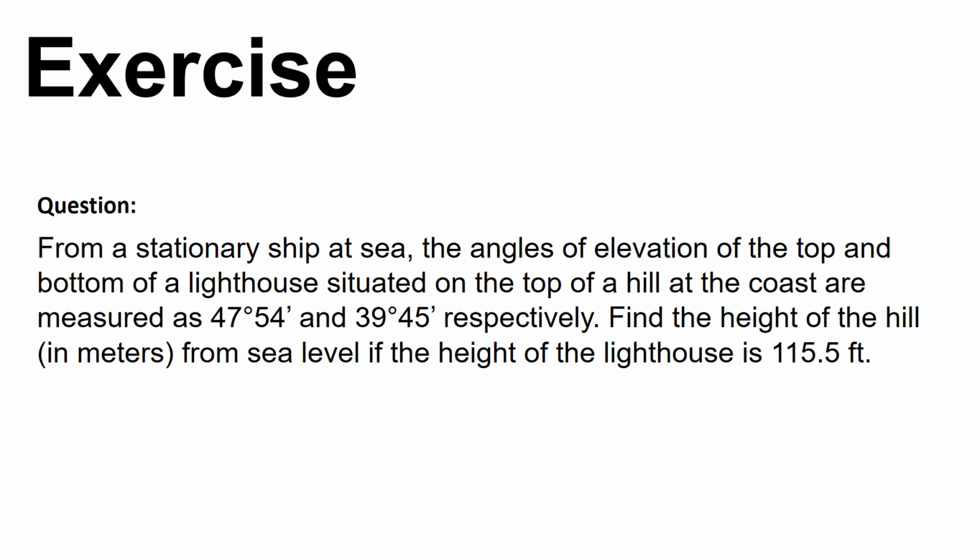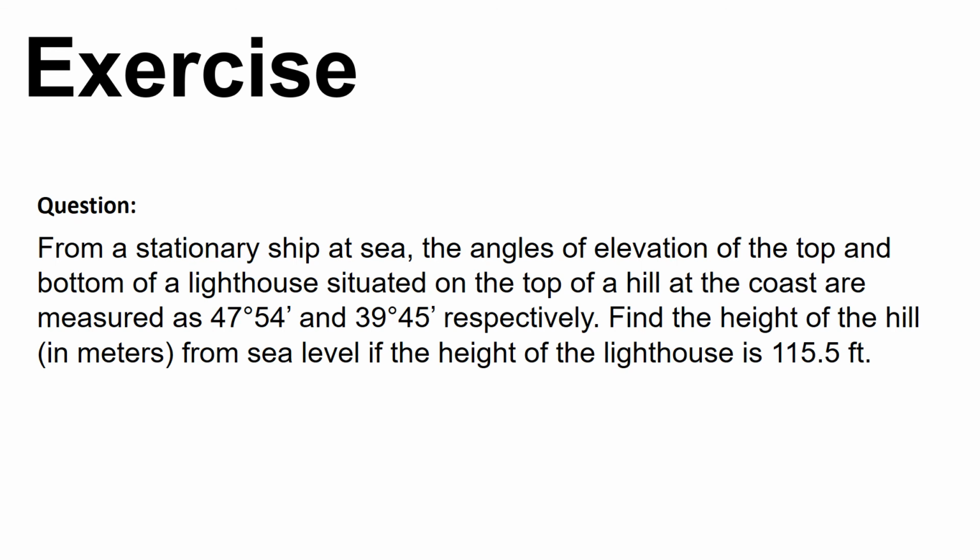For your exercise, try answering this problem on your own so you can apply what you have learned so far. The question is, from a stationary ship at sea, the angles of elevation of the top and bottom of a lighthouse situated on the top of a hill at the coast are measured as 47 degrees 54 minutes and 39 degrees 45 minutes respectively.